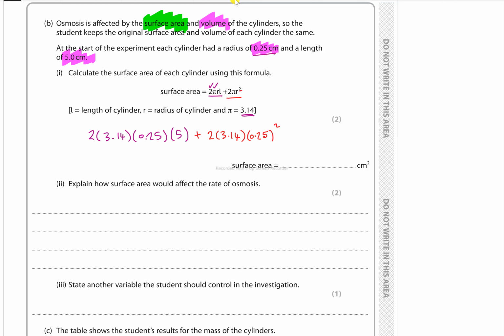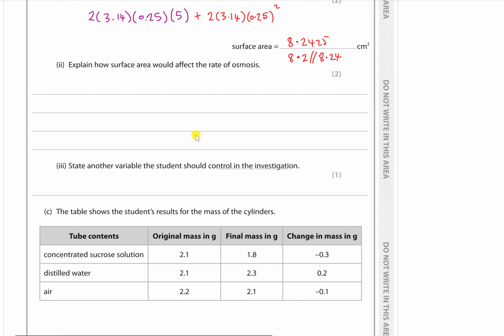So the larger the surface area, you do not do this in the exam, the greater the rate of osmosis.